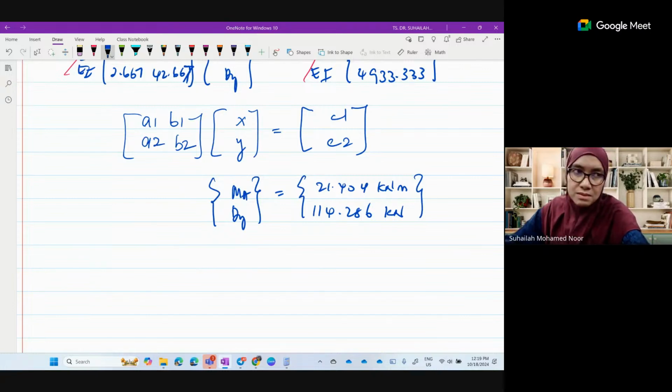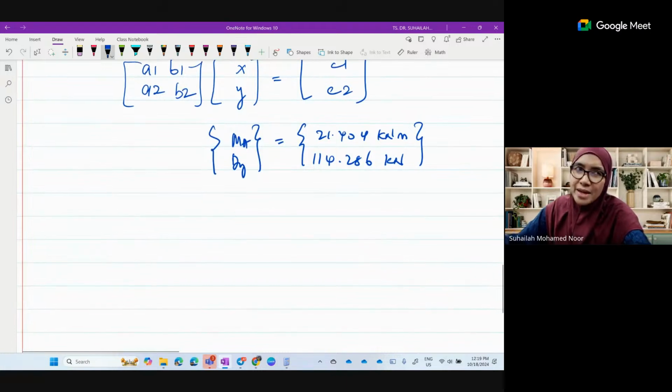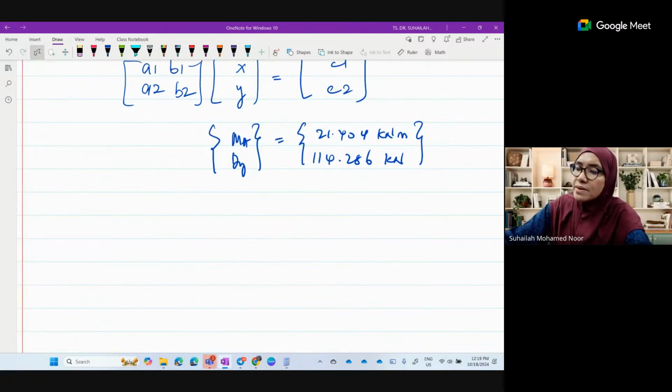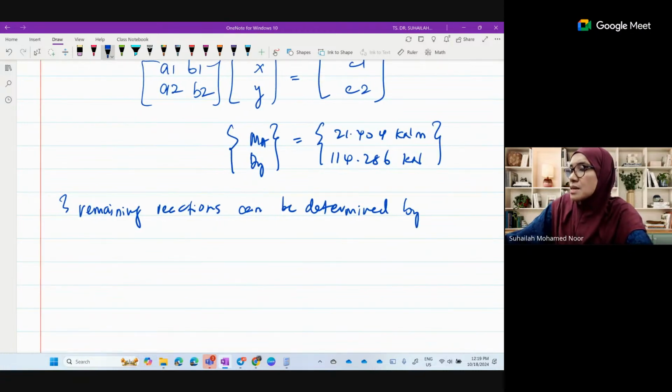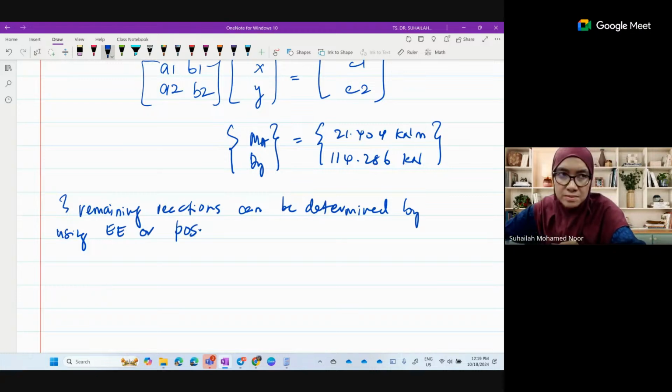Okay, dah habis ke? Belum. Because we have remaining reaction. Okay, 3 remaining reactions ni can be determined by using, ada option tau, using equilibrium equation or principle of superposition.